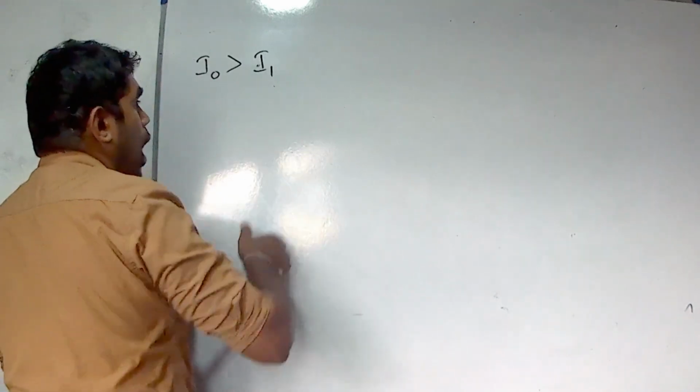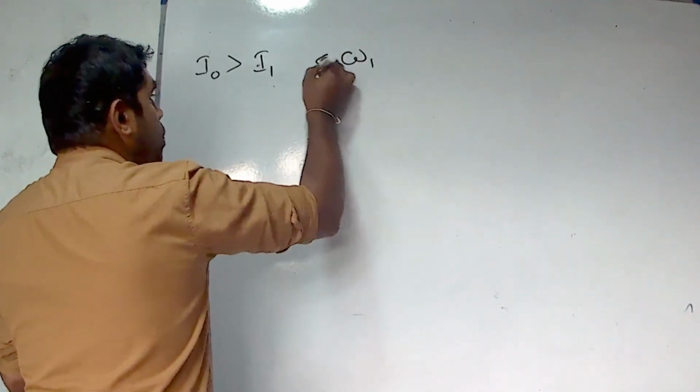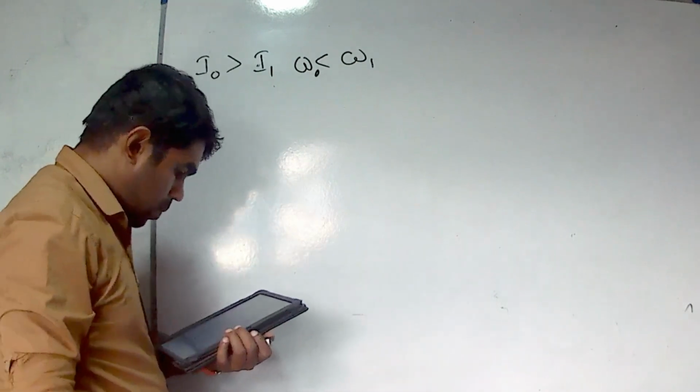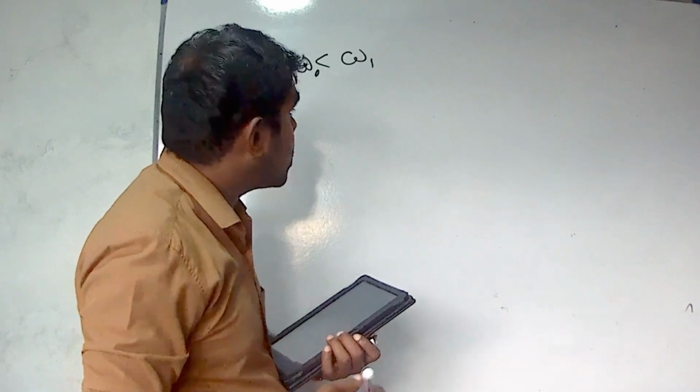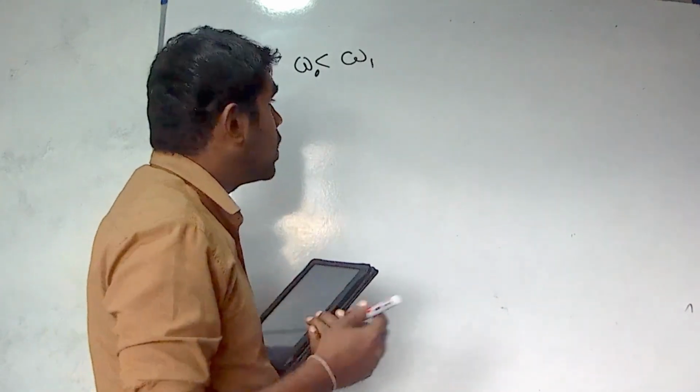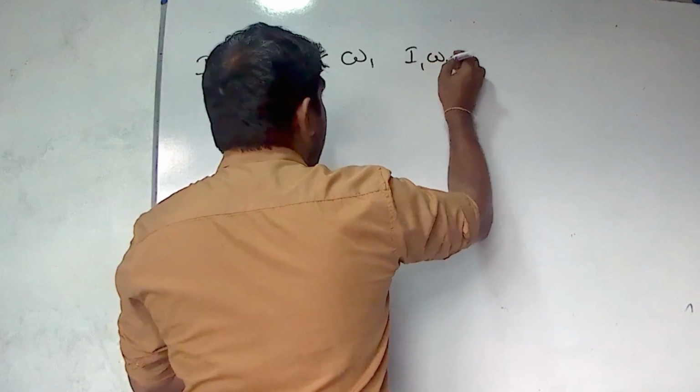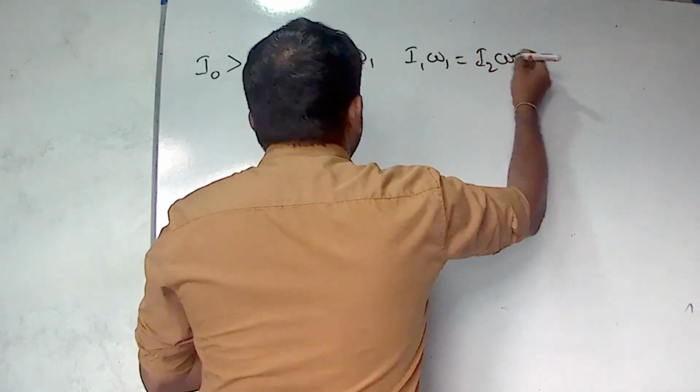When decreasing I value, omega 1 value should be greater than omega naught value. Finally, there is no external unbalanced torque. Therefore, I0 omega 0 product should be equal to I1 omega 1 product.